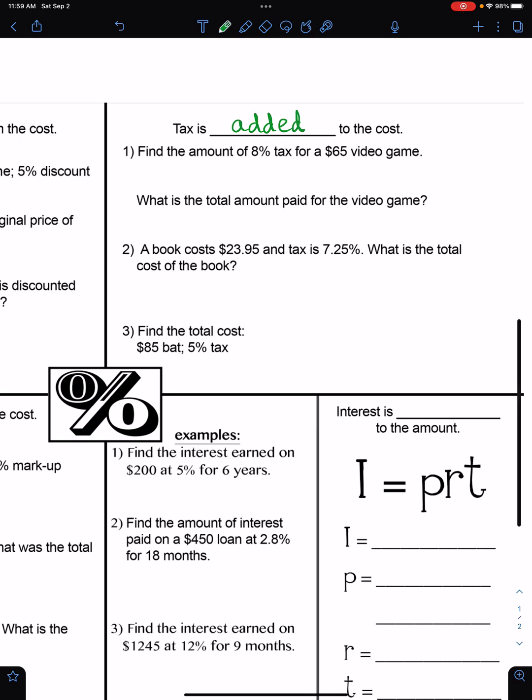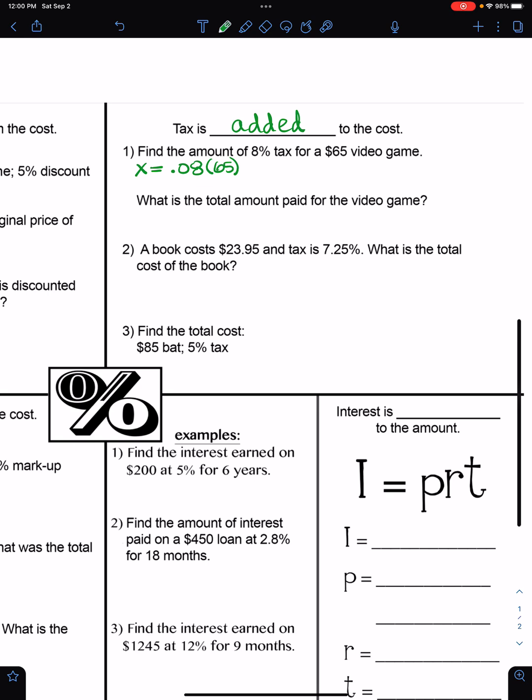So number one says to find the amount of 8% tax for a $65 video game. So we want to know what is 8%, and we're going to change that to a decimal, of 65. Of means multiply. So think about when we did our percent equations and our percent proportions, and I talked about how I think the percent equation is the easiest way to do a percent problem.